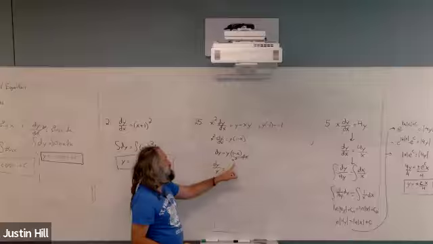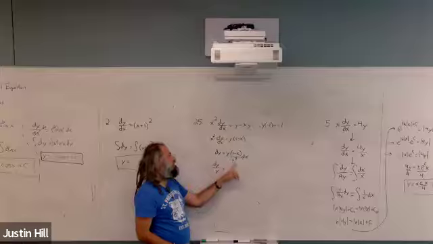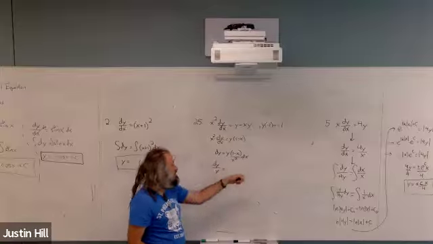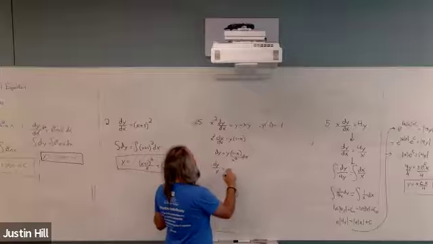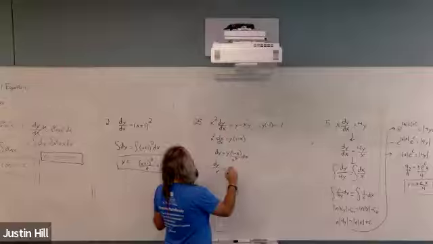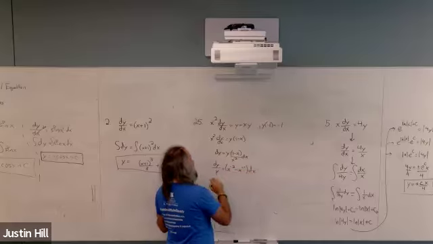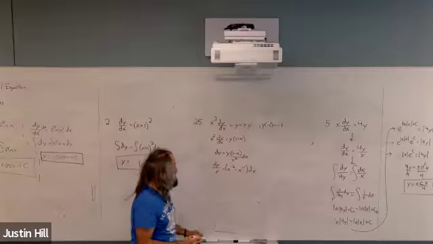And now, just to help me with my integration, this (1 minus x) over x squared, I can break it apart into two separate fractions and rewrite the pieces. So I'm going to write it this way: x to the negative 2 power minus x to the negative 1 power, all dx. And here now I have dy and y, I have x's and dx, so now I can integrate.